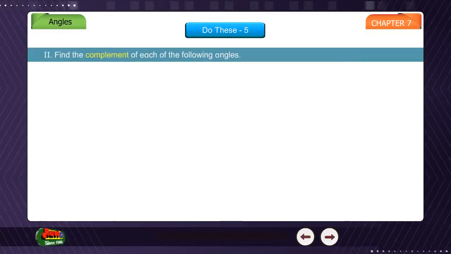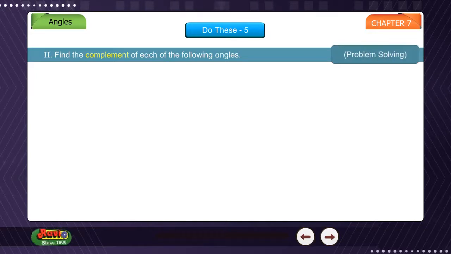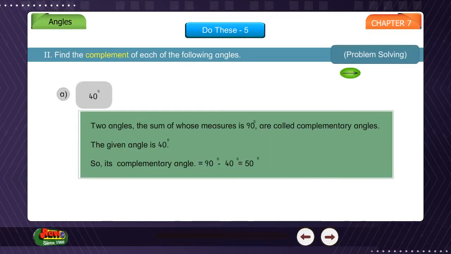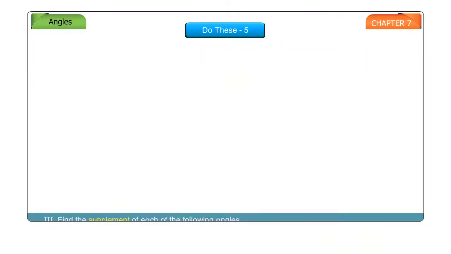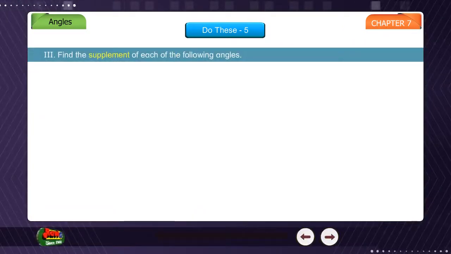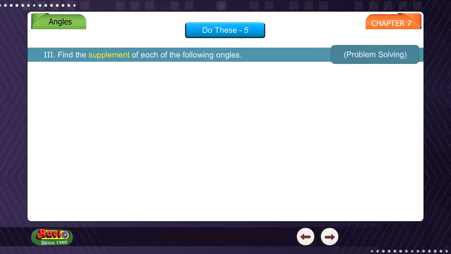Find the complement of each of the following angles. Problem solving. 3. Find the supplement of each of the following angles. Problem solving.